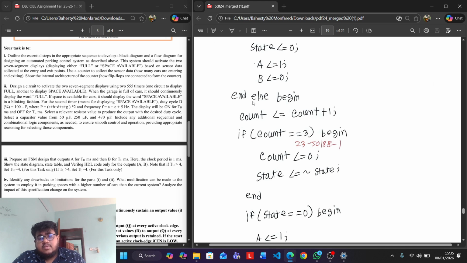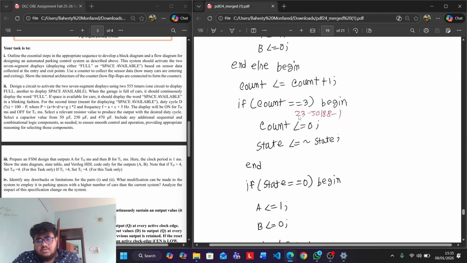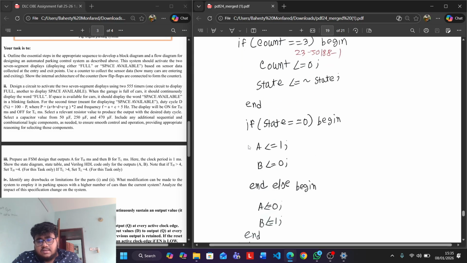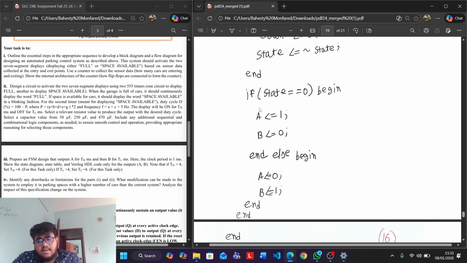Else, we begin, and the count is assigned count plus 1. If count equals 3, then begin, count is assigned 0, and the state is assigned to the next state, again 0, then end.